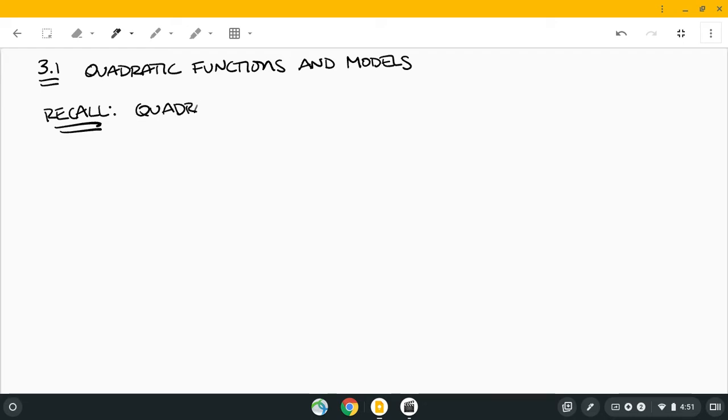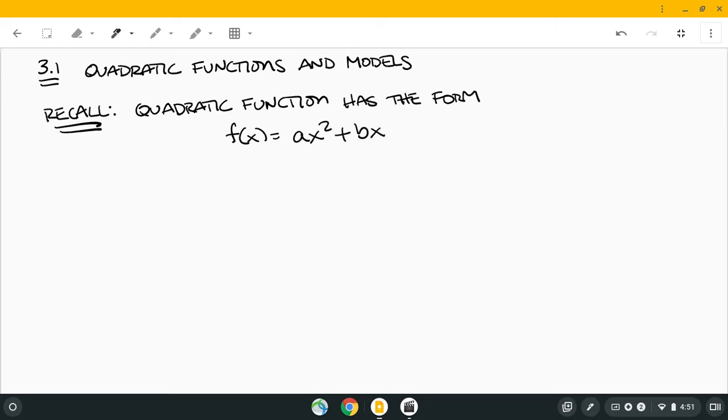A quadratic function has the form f of x equals ax squared plus bx plus c.